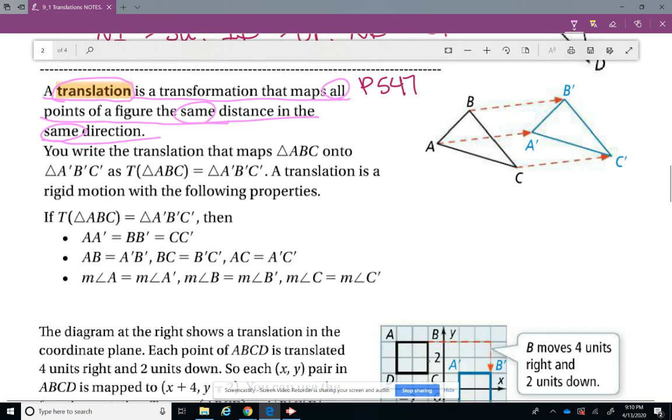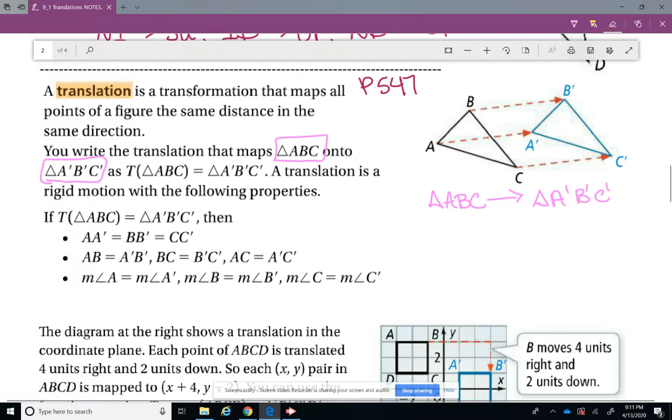So you look over here, you write the translation that maps triangle ABC onto triangle A prime, B prime, C prime. If you're going to show me that triangle ABC is mapped onto triangle A prime, B prime, C prime, like that, this is how it could be shown to you, with or without a picture.